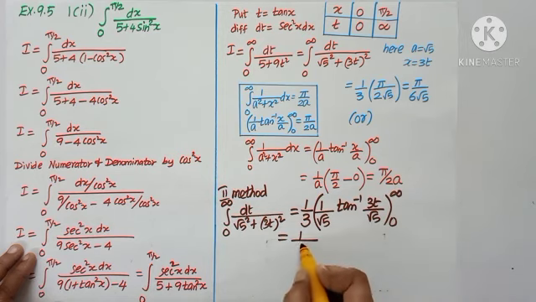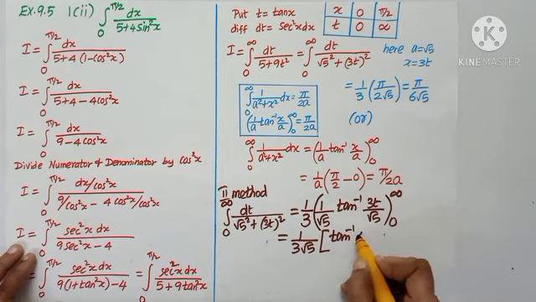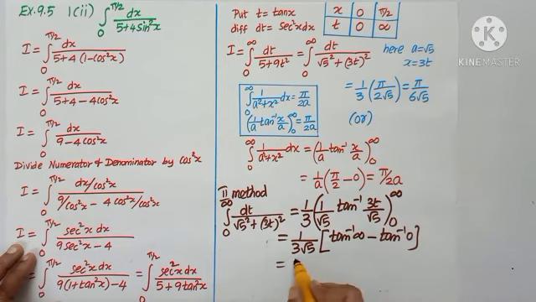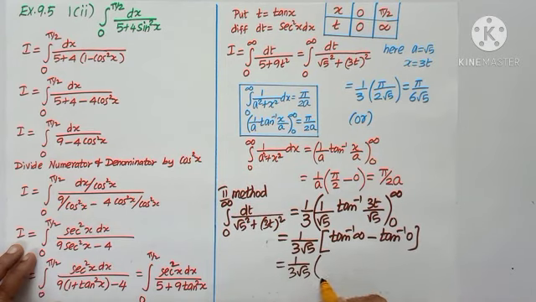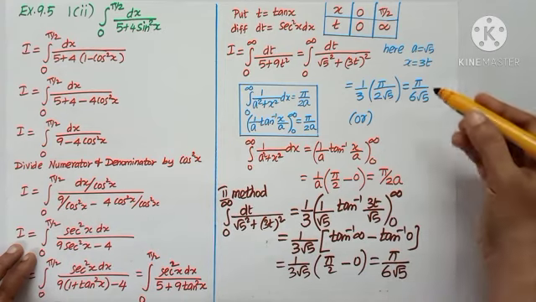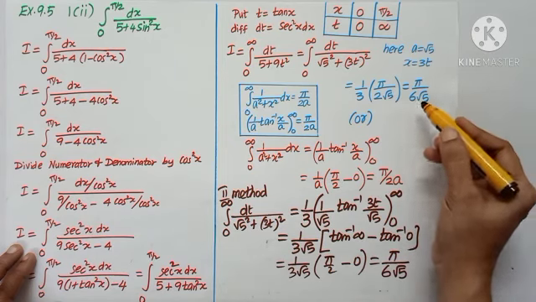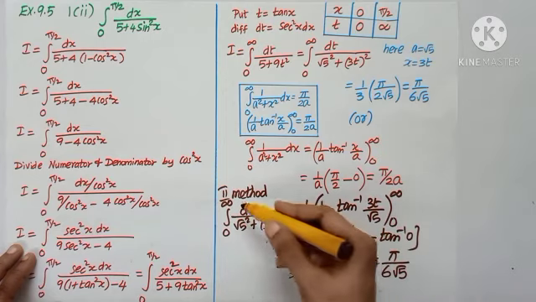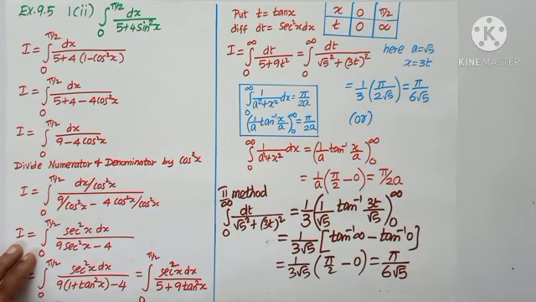That is 1 by 3 root 5 into tan inverse infinity minus tan inverse 0. Tan inverse infinity is pi by 2, tan inverse 0 is 0. So I get pi by 6 root 5. Both are one and the same. Either you write directly pi by 2a into 1 by 3, or you apply the limits and simplify as usual.